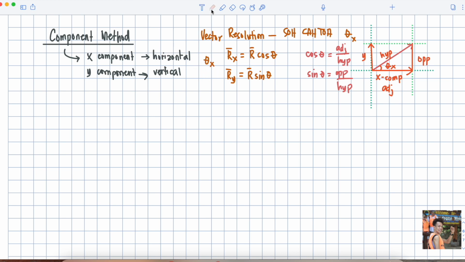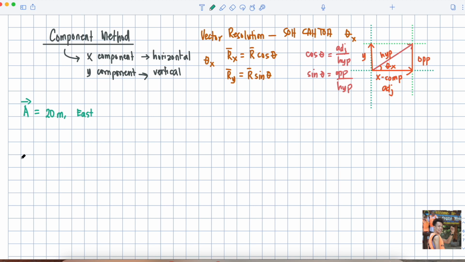Now, for example, we are to add three given vectors. We have vector A that has a magnitude of 20 meters. Therefore, it is a displacement vector and the direction is east.